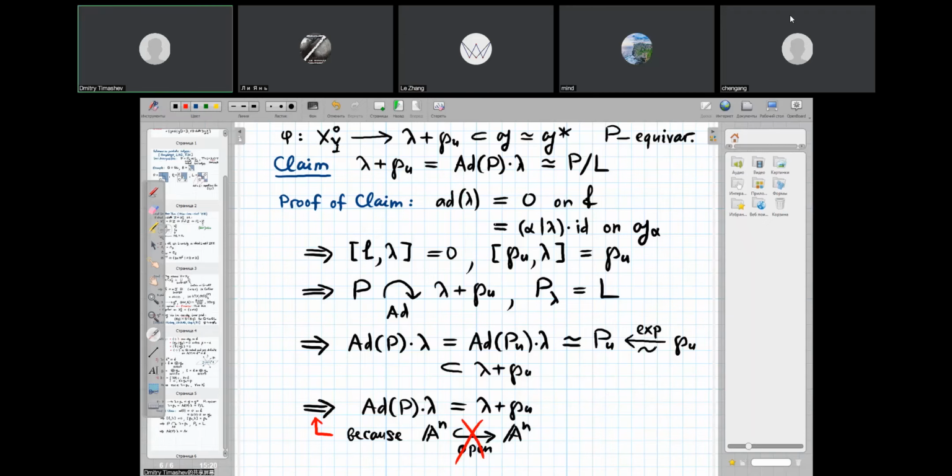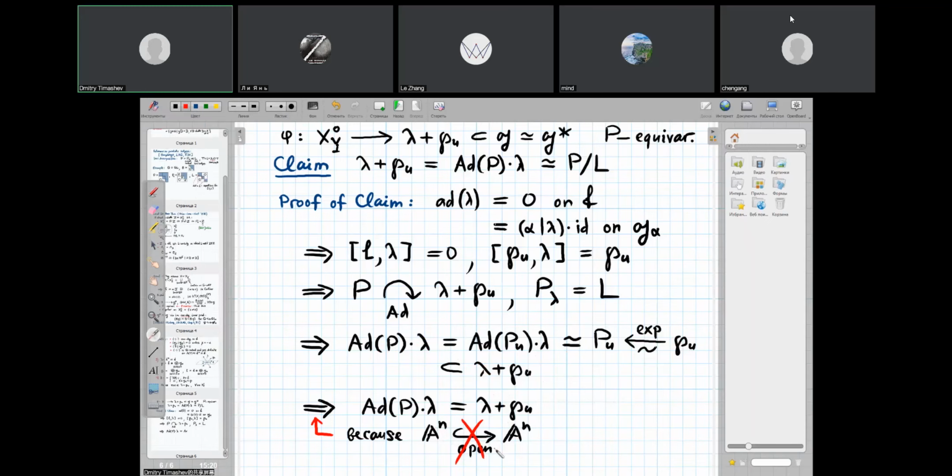If this orbit were smaller than this space, then this orbit would be an open subvariety in here of the same dimension. And actually, this open subvariety will be isomorphic to this space. So we would get an embedding of an affine space into itself, essentially, as an open subset.